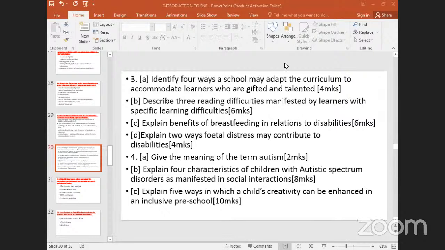Okay. We are told to describe 3 reading difficulties manifested by learners with specific learning difficulties. And we talked about only 3 types of these reading difficulties. That is articulation difficulties, fluency difficulties, and voice difficulties.